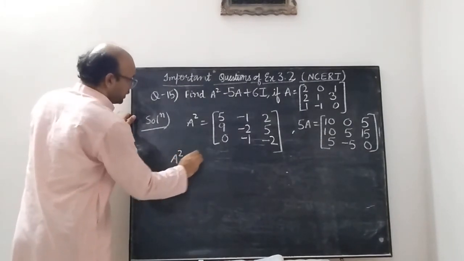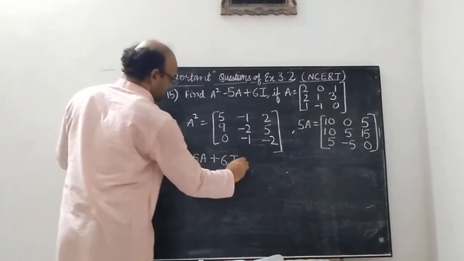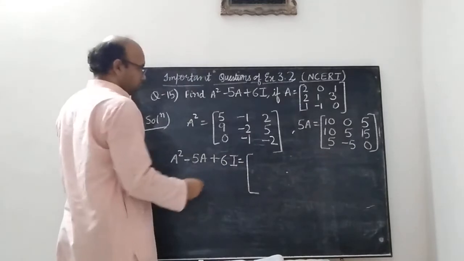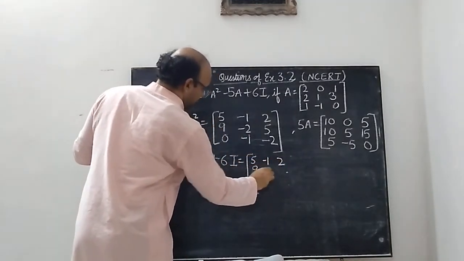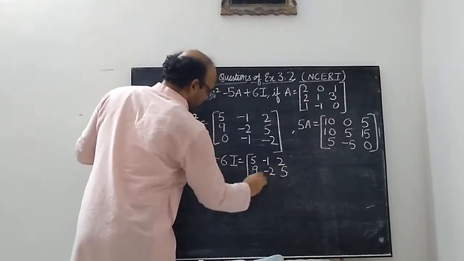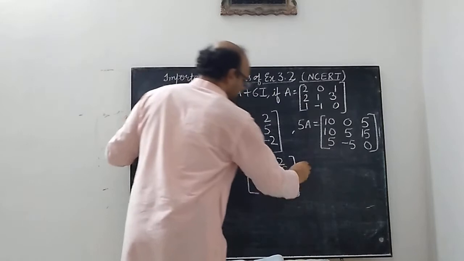So we start with that expression A squared minus 5A plus 6I. We know the value of A squared: 5, minus 1, 2, 9, minus 2, 5, 0, minus 1, minus 2. So this is A squared.